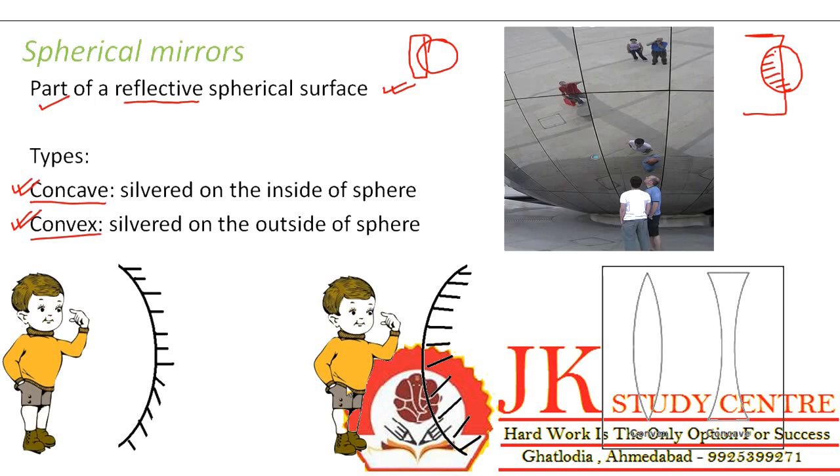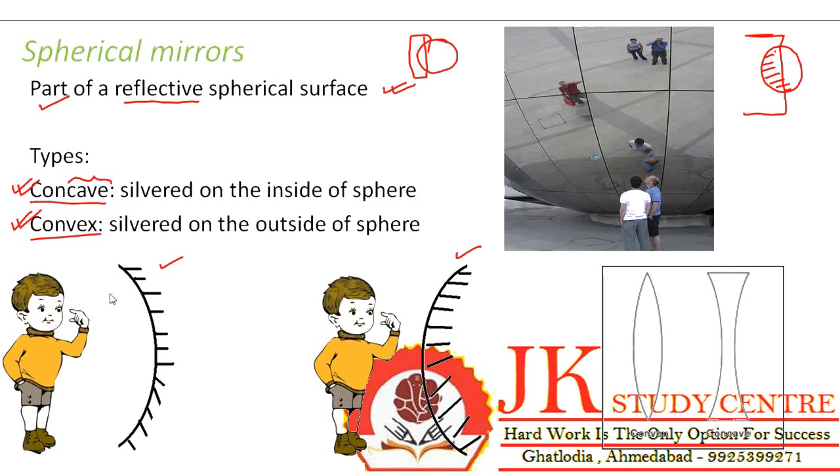Right? So it is very important to remember which is a concave mirror and which is a convex mirror. Please do not get confused with this. You can use a memory tip. If you look at the word concave, you have cave in it. Cave means, all of you know, what is a cave?